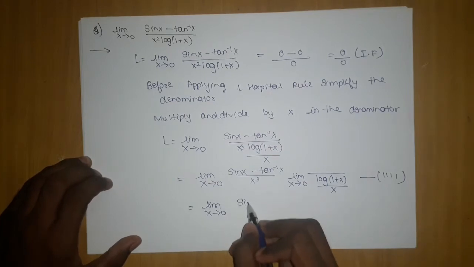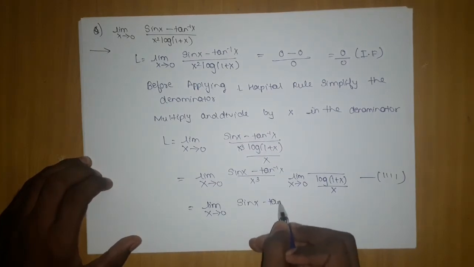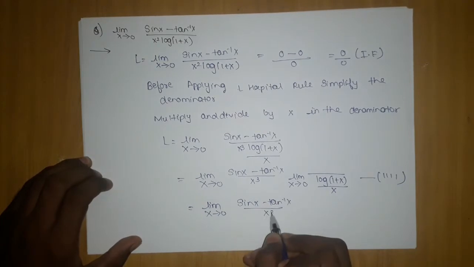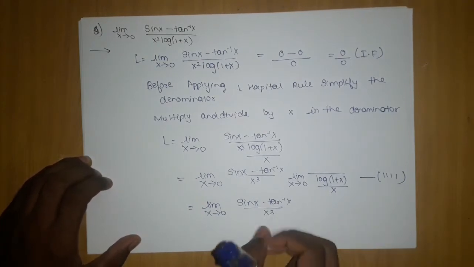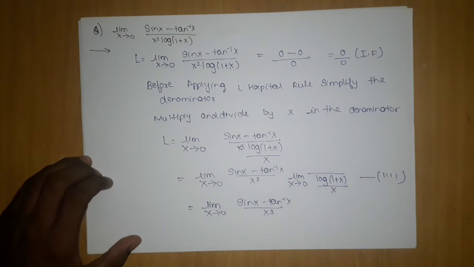Then you will be left with sin x minus tan inverse x. Now never break the denominator. As I have mentioned, you will get an indeterminate form, okay, and your whole answer will be wrong. Always go with the L'Hopital's rule, because here you are having tan inverse x upon x. Apply.